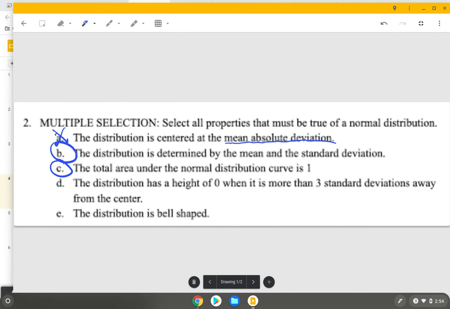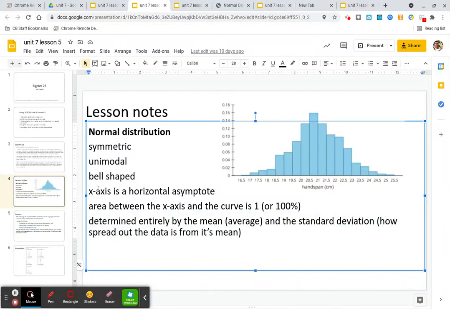D, the distribution has a height of 0 when it is more than 3 standard deviations away from the center. Now, think about this for a second. A height of 0 means that it would have to touch the x-axis. Height of 0 would mean it would have to intersect the x-axis. But in our notes, it says that the x-axis is a horizontal asymptote.